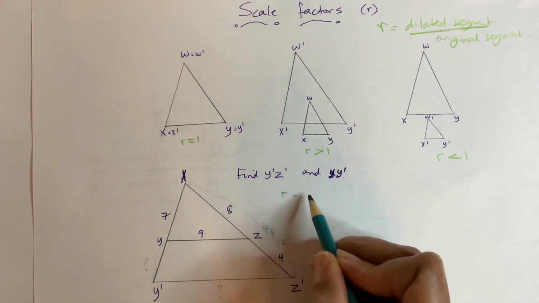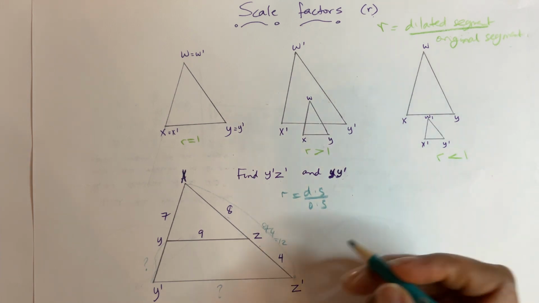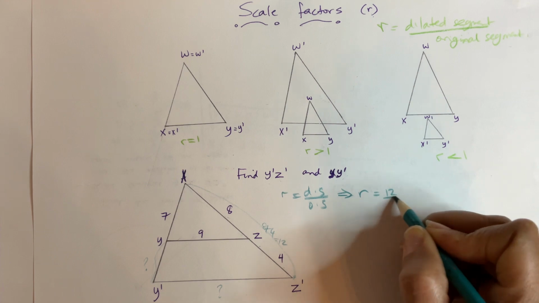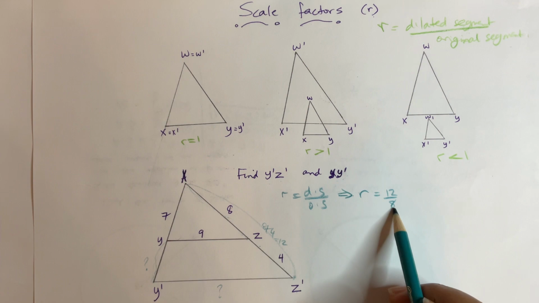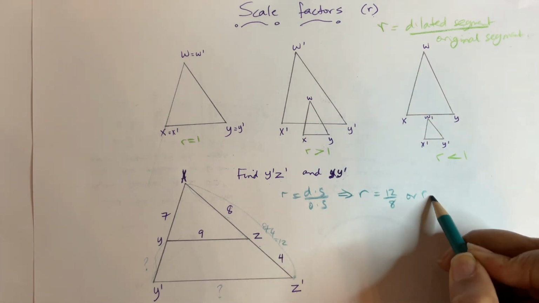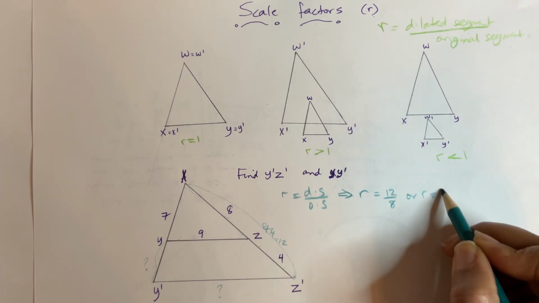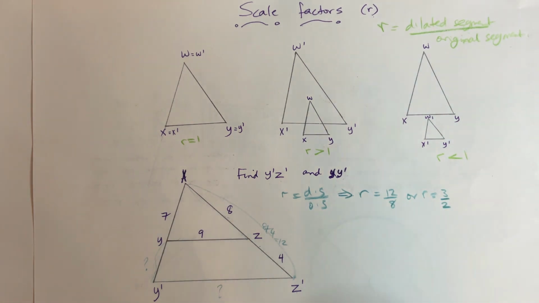So r, because we have the dilated segment over the original segment, is going to be 12 over the original segment, which is just our XZ, which is 8. And we can further reduce this. 4 into 12 is 3, and 4 into 8 is 2, so it is further reduced to 3 over 2. So our scale factor there is 1.5, or we keep it as a fraction, 3 over 2.